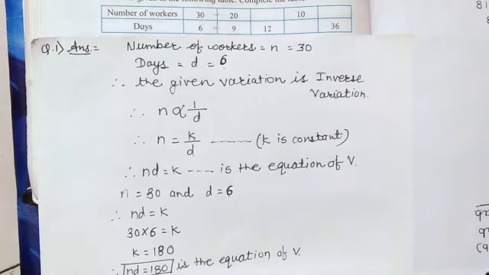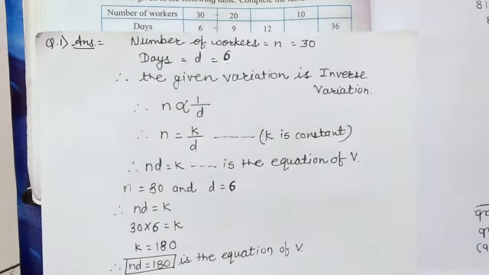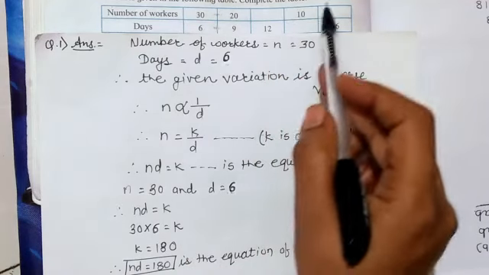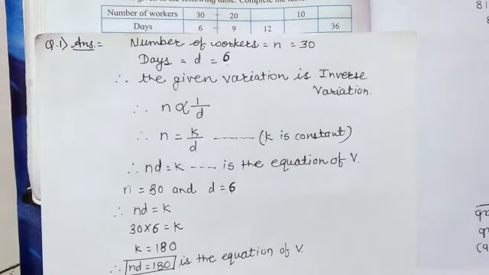Now 6 3s are 18, so k will be 180. So nd, this is our main constant. So nd is equal to 180 is the equation of the variation. Now students, by using this information, we are able to find out the answers. Let's see how we can do that.